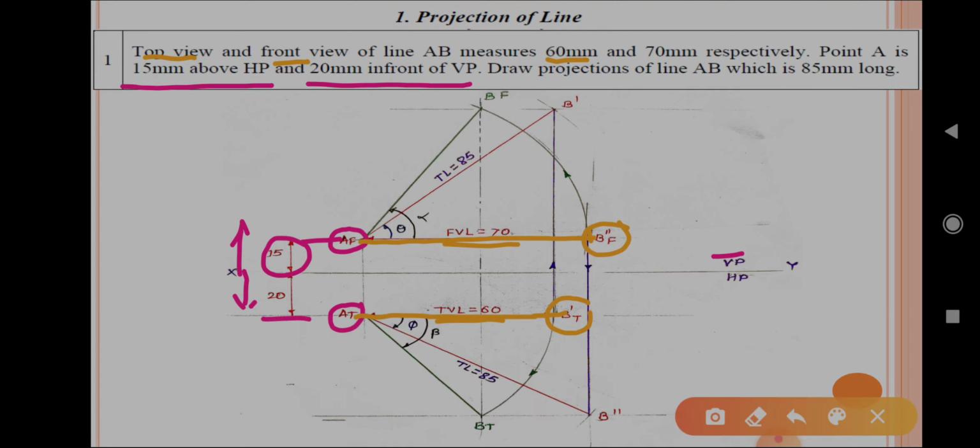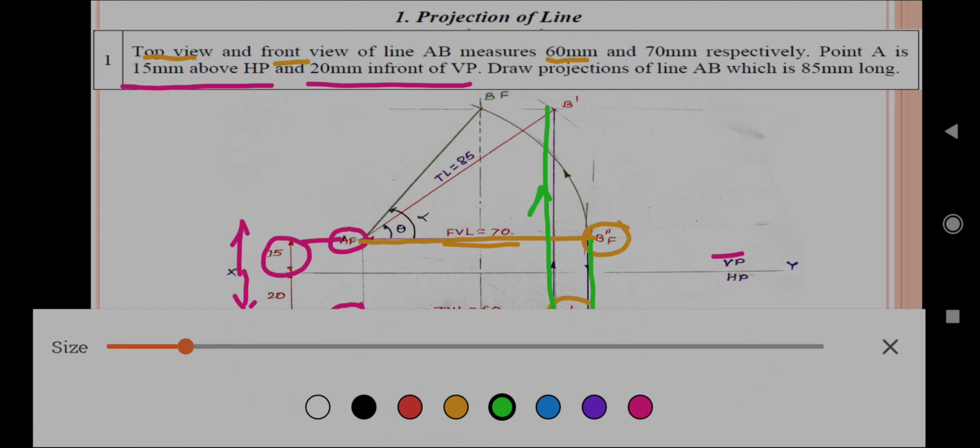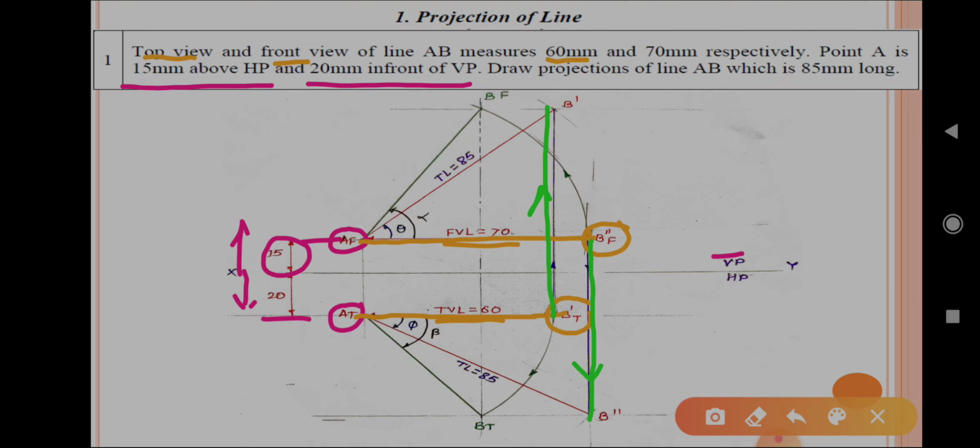After that we take the projection. For the true length, draw a vertical line from the top view length, that is from B dash T, we draw a vertical line above. In a similar way from B double dash F you can draw the vertical line in HP, and then take the true length 85 mm in the compass, put the compass on A F and mark the arc.